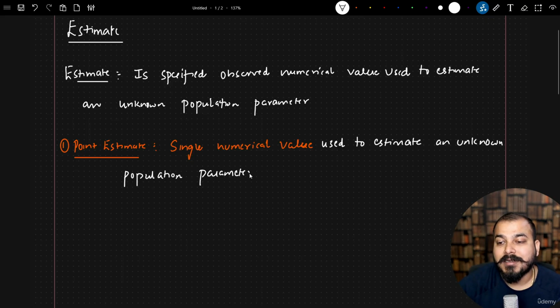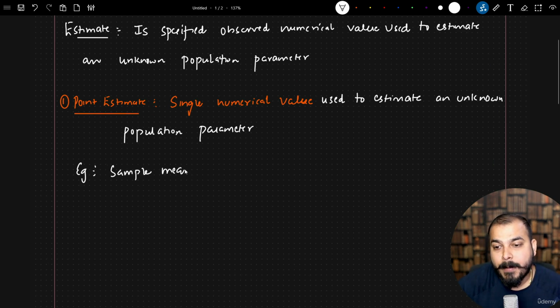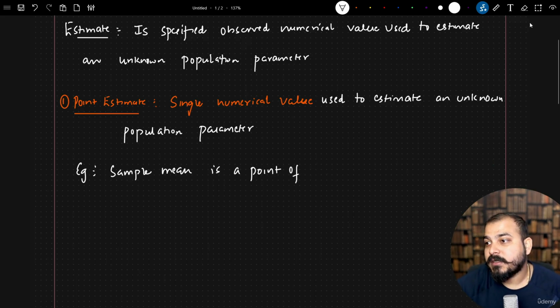Now let's discuss this with an example. What exactly is a point estimate? One example can be a sample mean. Sample mean is a point estimate of the population mean.